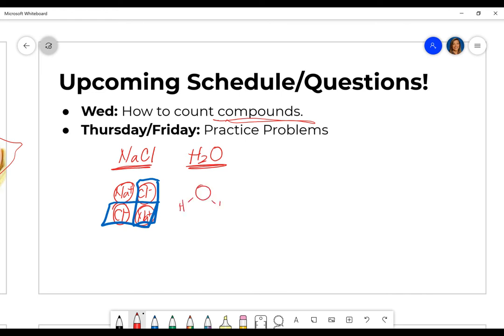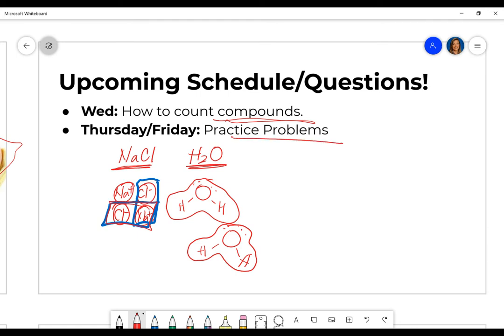So we have an oxygen bonded to 2 hydrogens. It will be attracted to other water molecules via hydrogen bonding, right? But it doesn't make the same lattice, right? These are their own discrete things, but they're both called compounds, okay? But we do have to think about this being a unit. So that's what we'll be discussing for ionic compounds like that.